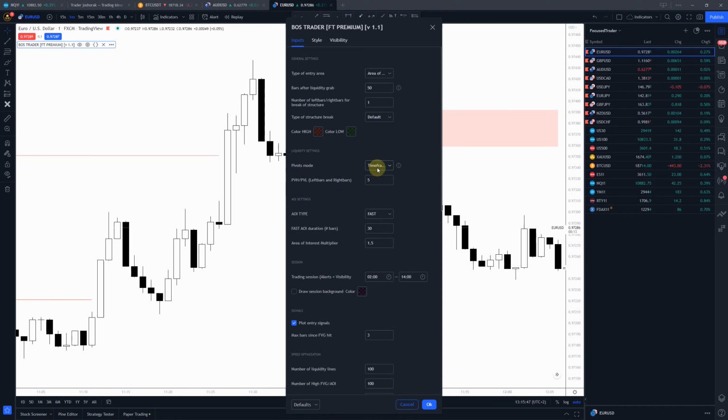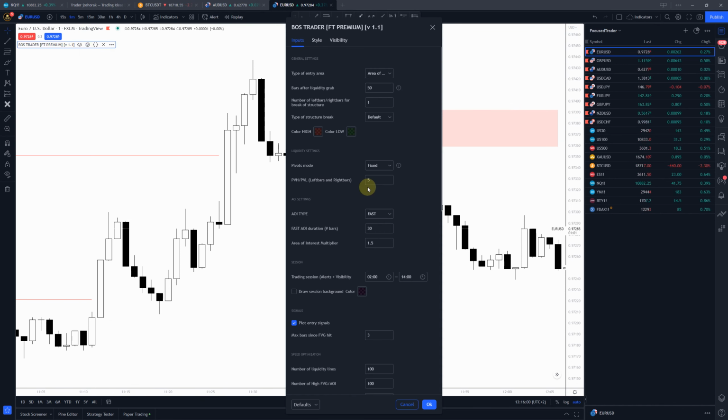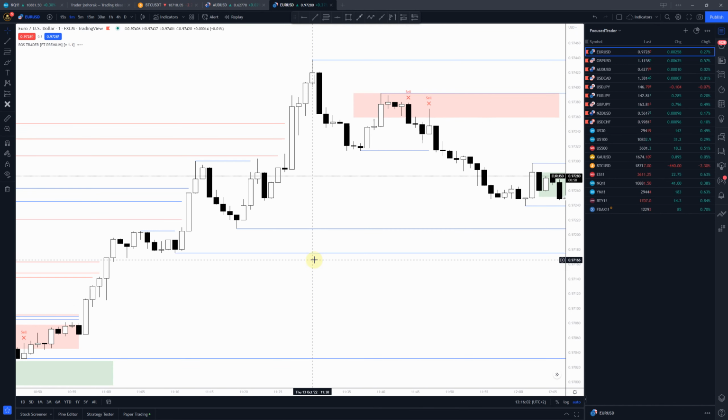Okay, so we have two settings for liquidity: either fixed mode or time frame mode. So let's start with the fixed mode. In the fixed mode, with the setting of 5, we are looking for swing highs and swing lows which have 5 bars on the left and 5 bars on the right, with lower highs or higher lows.